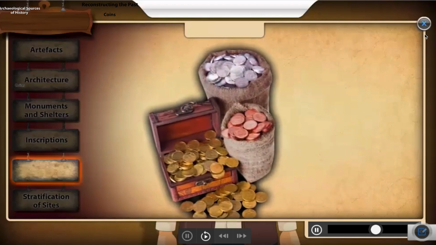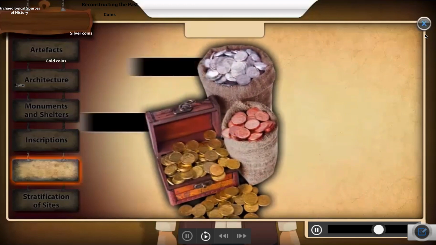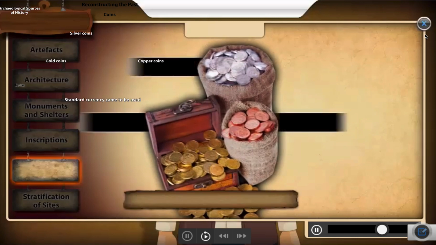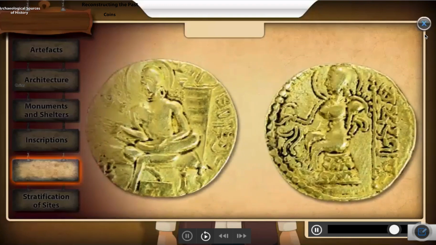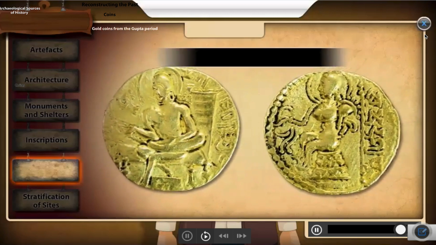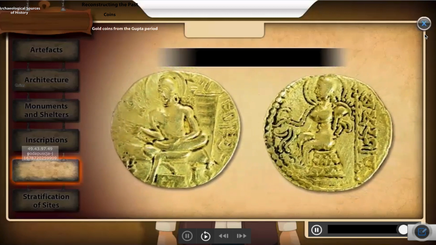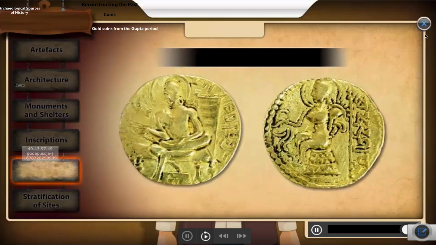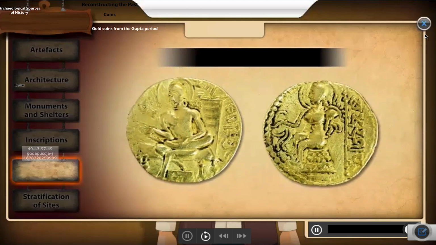Gradually, coins made of metals like gold, silver, copper came to be used, throwing light on the metal used in a particular era or time. It is believed that the Guptas issued the largest number of gold coins, thus indicating flourishing trade and commerce during that period.